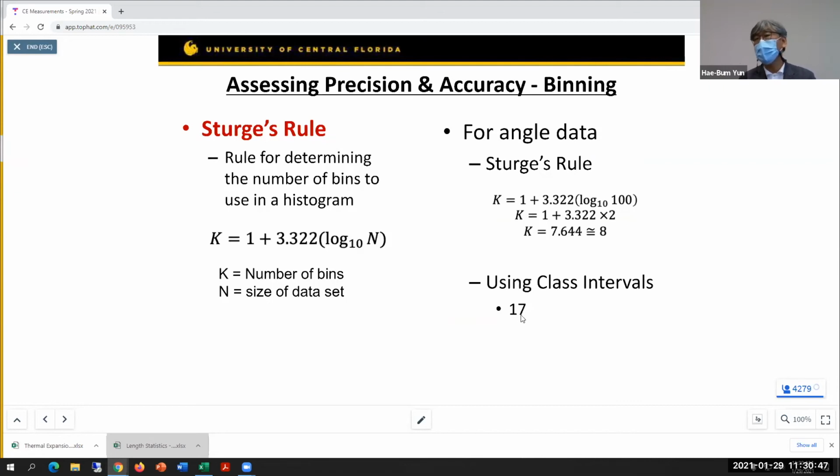So the question is, which number do we have to use, right? The Sturges rule is not mandatory to follow, okay? It is a good number to start with. Then you can use this number or larger or smaller.